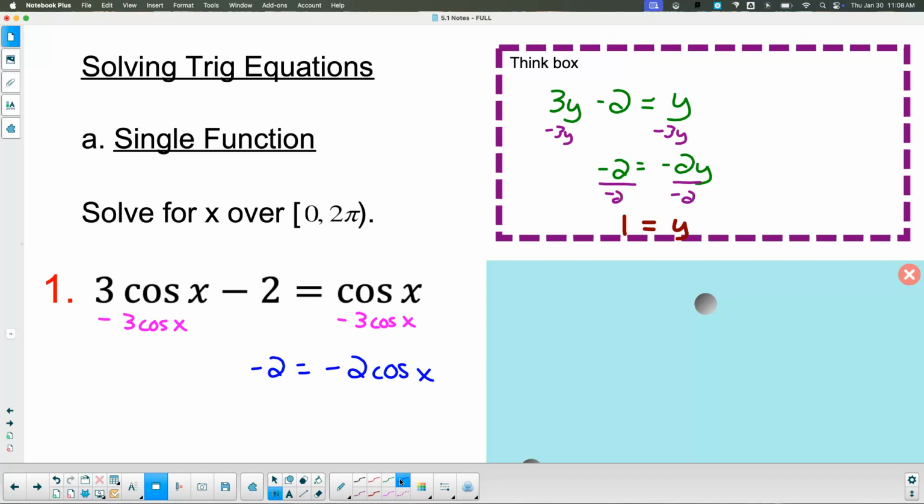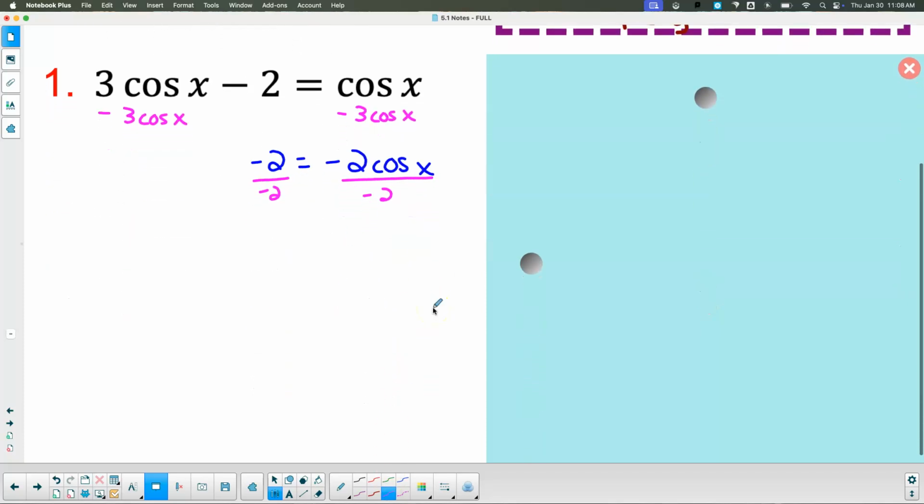Then I would divide both sides by negative 2. That's going to give me positive 1 equals cosine of x. With me so far? So we've done our algebraic solving.